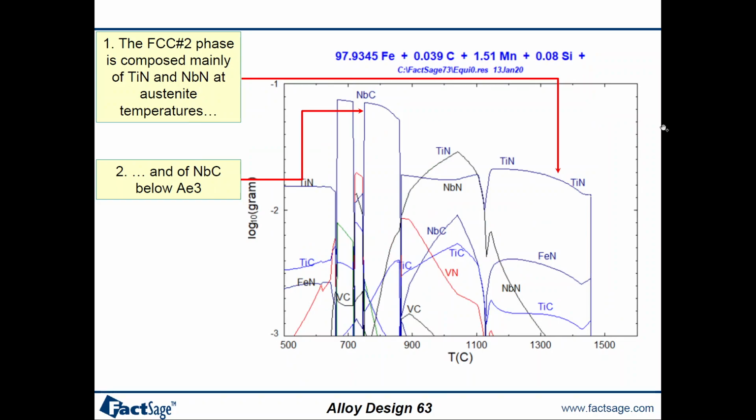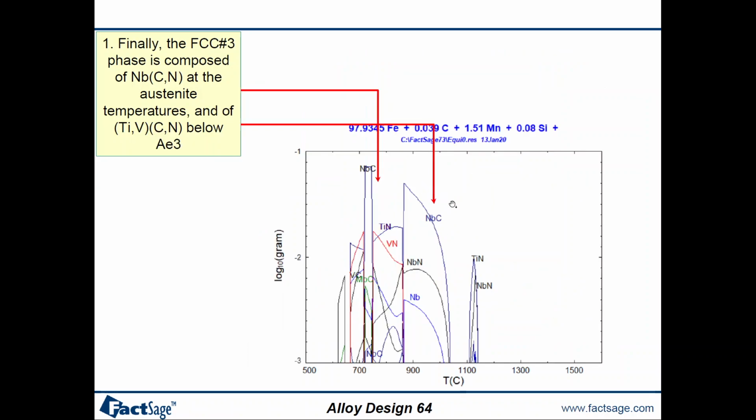Similarly, if we draw the constituents of the FCC#2 phase, we can see that in the austenite temperature range it mostly consists of titanium nitride and niobium nitride, and below the A3 temperature we have niobium carbide.